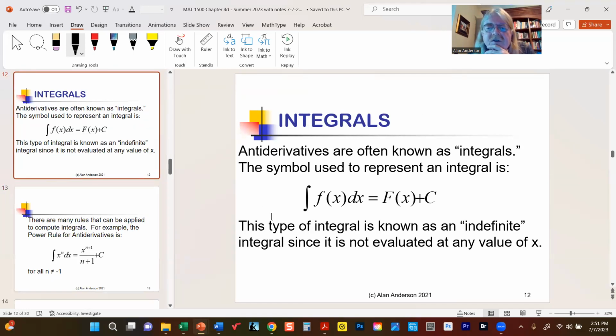Now, antiderivatives, like I said, the word integral is often used interchangeably with antiderivatives. And so we're going to introduce a brand new symbol here.